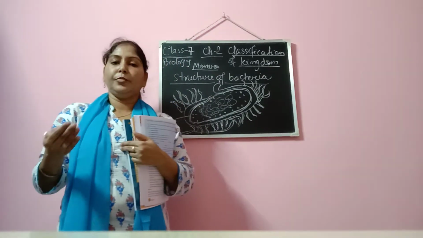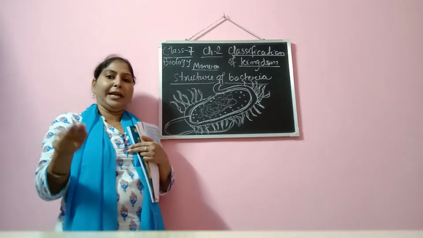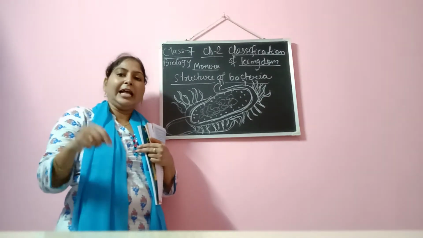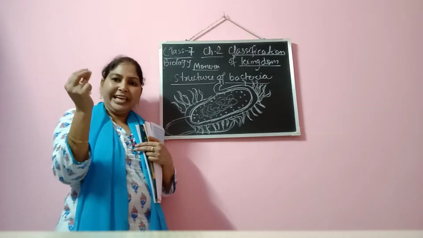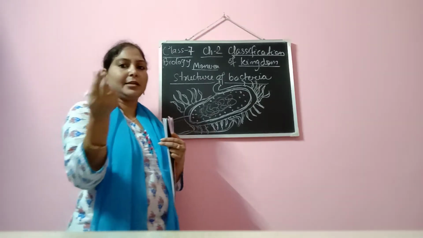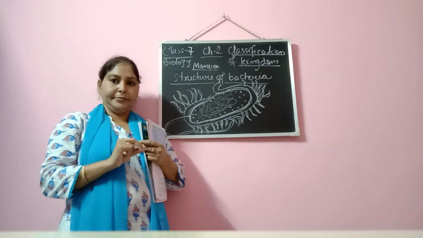So you will see when your mother is preparing curd, what does she do? She first boils the milk, and then she puts in some kind of starter, or a little bit of water from curd, and adds it to the milk.